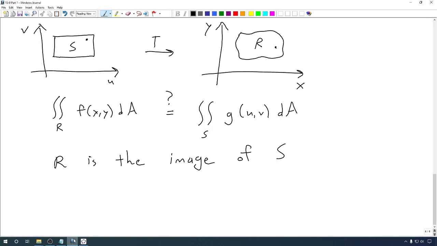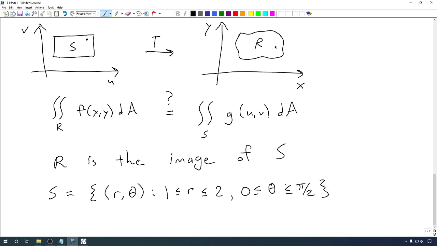If we wrote it down, we'd have something like, we're calling it S. This is the set of all points r theta, where r is between 1 and 2, and theta is between 0 and pi over 2. Sorry, not 2 pi, I keep wanting to say 2 pi. It's pi over 2.